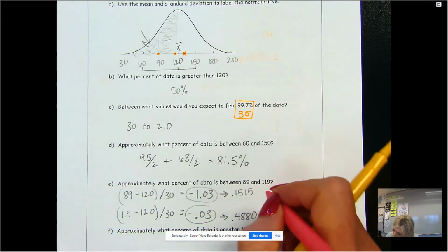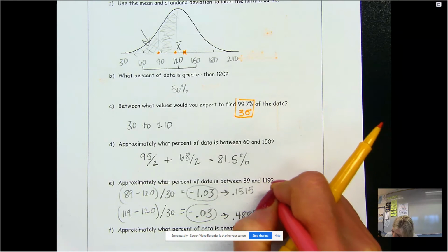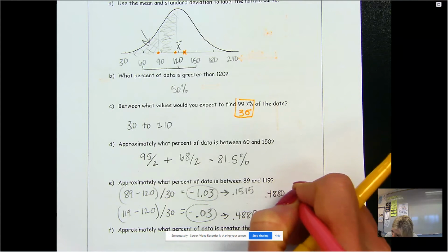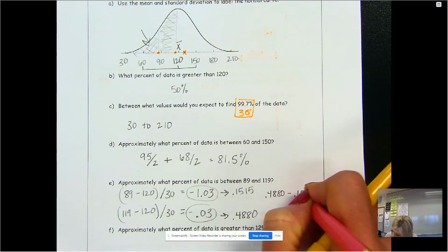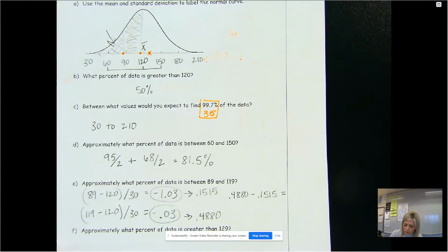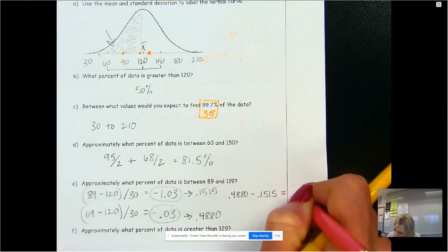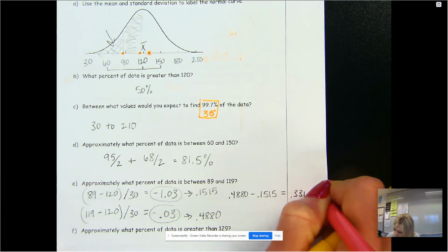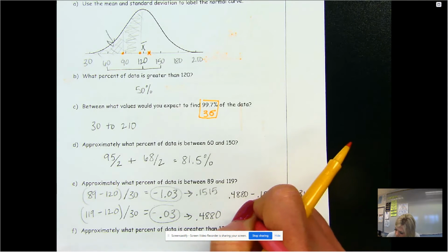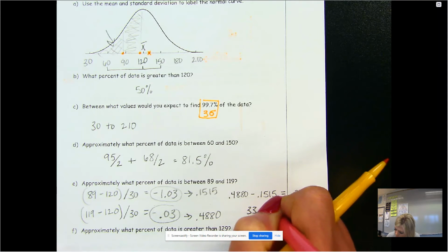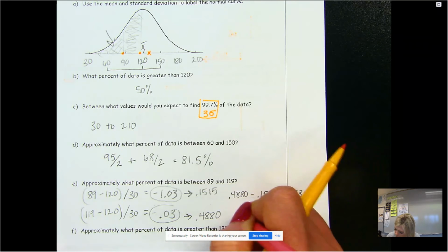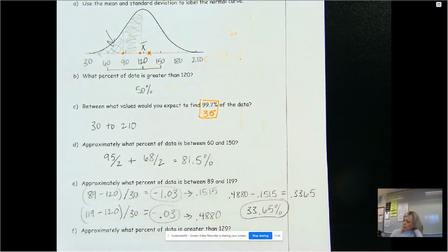And so between them, 0.4880 minus 0.1515 is 0.3365. So 33.65% is the final answer on part E.